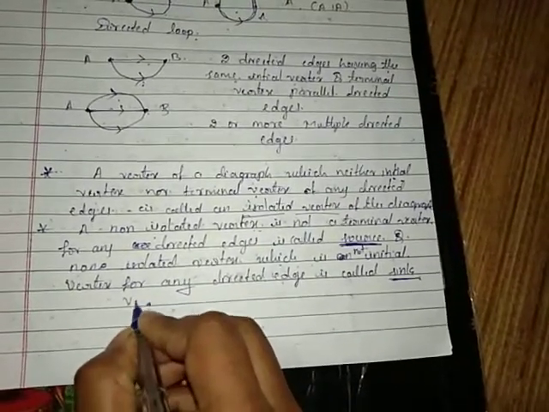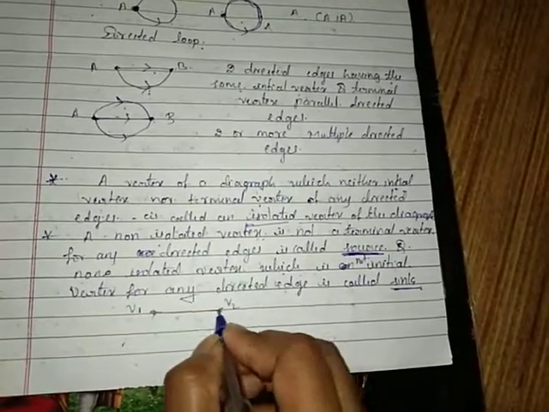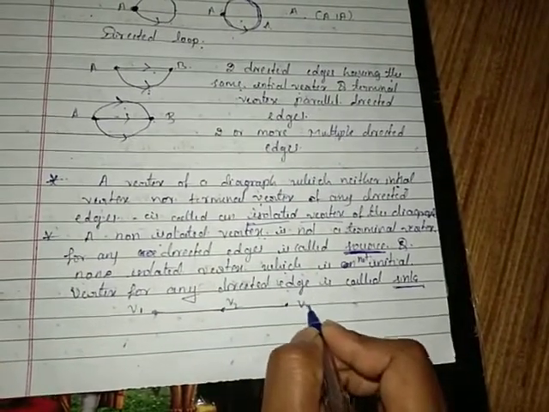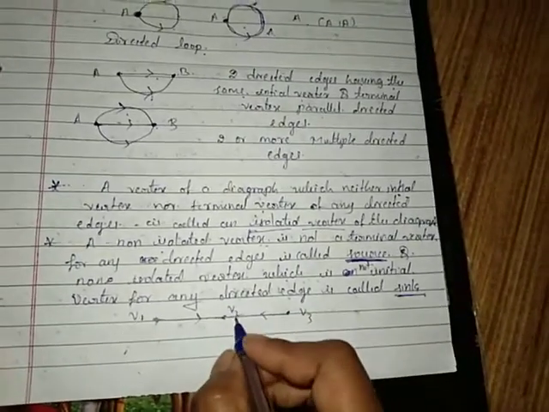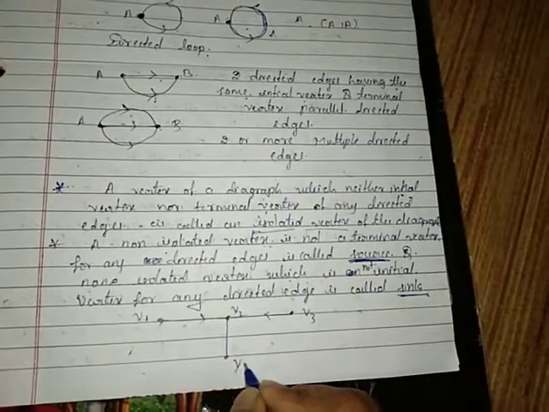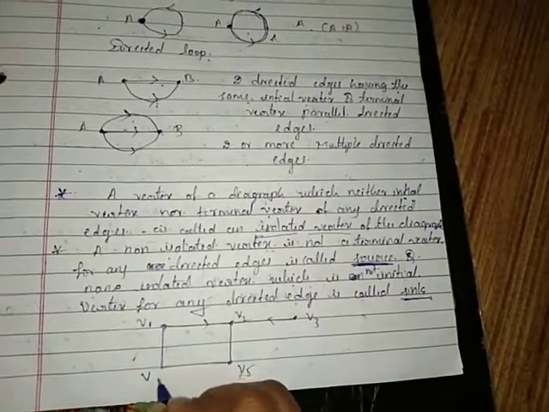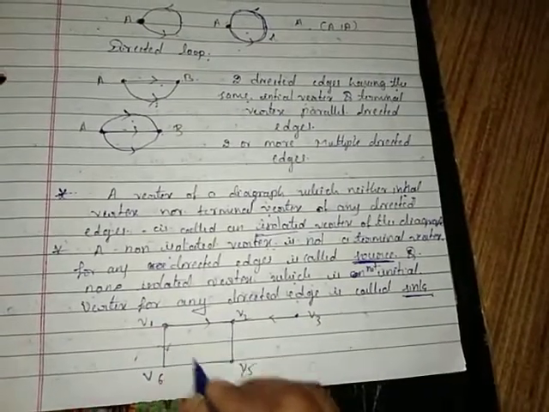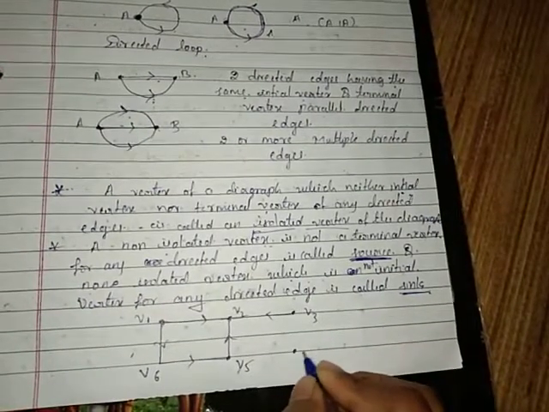See the example with the vertices V1, V2, V3, V5, V6, V4.